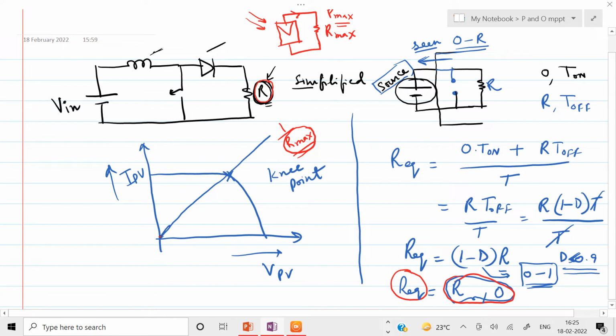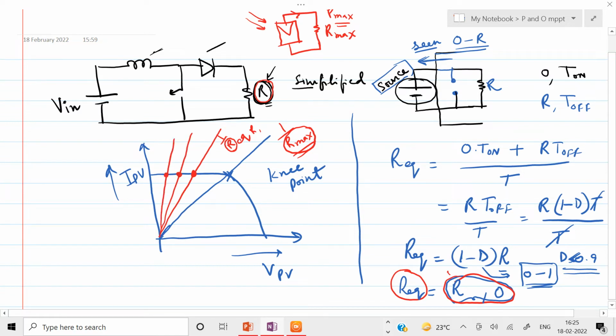So say for example, if we have this value R somewhere here, so this is 1 by R and it is cutting at this instant. What we can do with this R, we can only reduce it. I mean R equivalent, this is R equivalent. The maximum value of R equivalent is R, and we can only reduce it. That means we can increase the slope. So this will go on the left side of this curve.